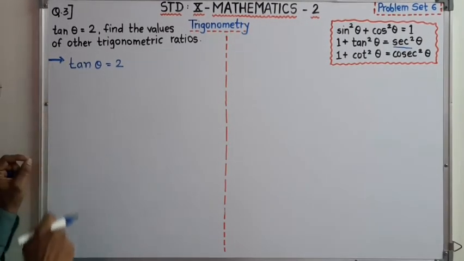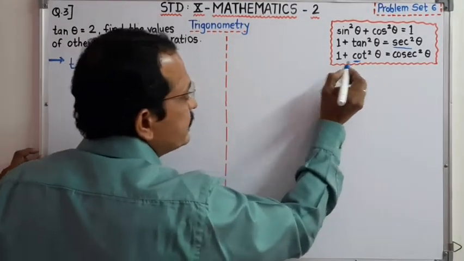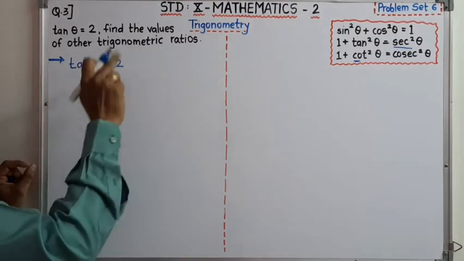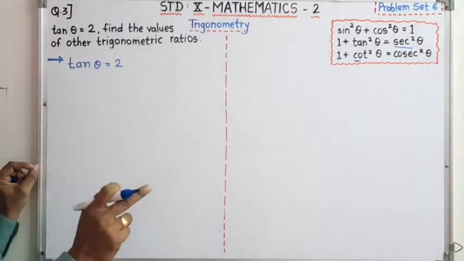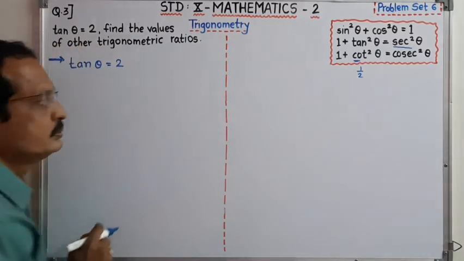We know tan theta. From that we can find out cot theta easily, because cot theta is the inverse of tan theta. Therefore, tan theta is 2, and we got cot theta equal to 1 upon 2. Isn't it?